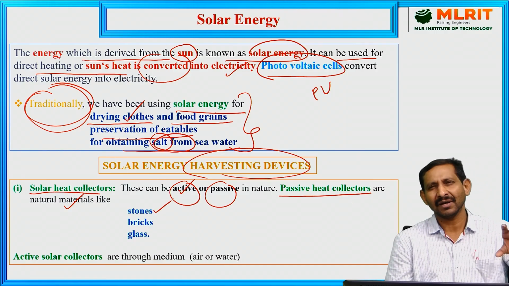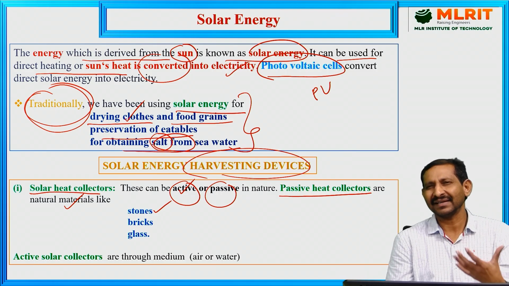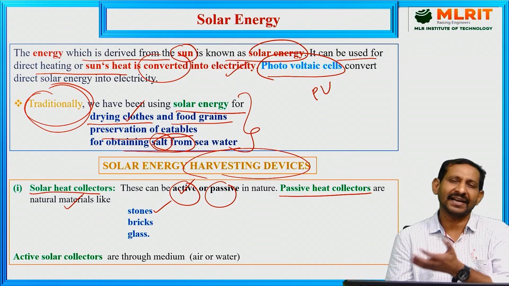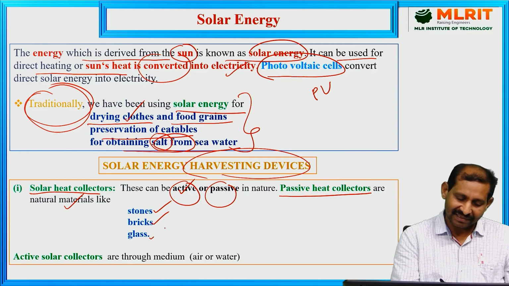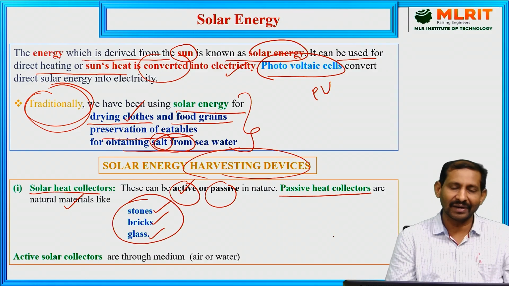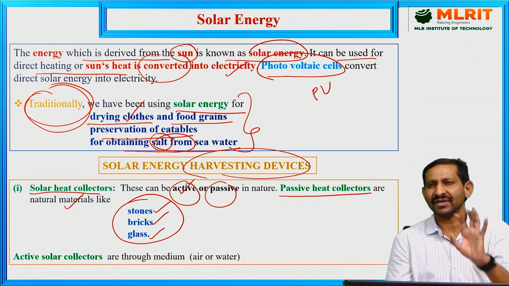Stone absorbs a lot of heat in the daytime from the sun's heat energy, and after nightfall slowly releases it. Bricks and glass are also like this. These are all natural materials that absorb heat from solar energy.